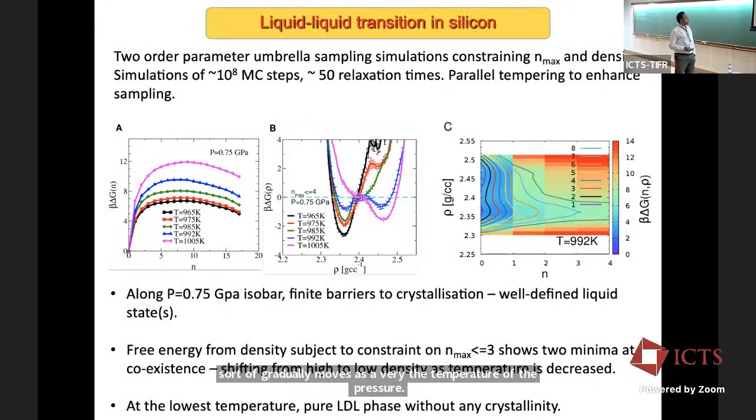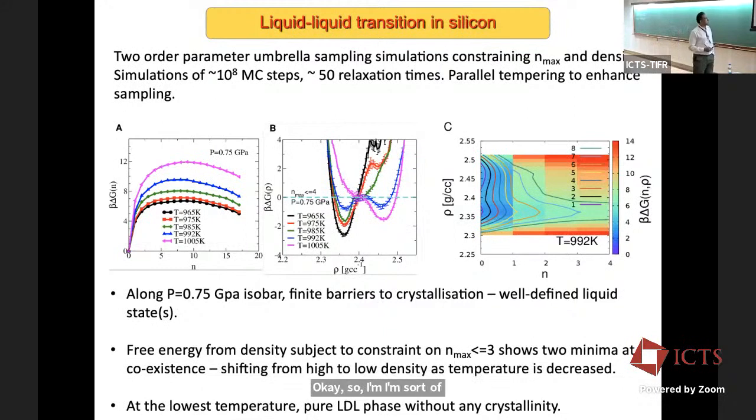Okay, so I'm not dwelling on a lot of pretty hard simulation details, but this is basically data to show that if I simply look at the free energy barriers along the crystallization order parameter for all the simulations that we've done, which are at higher pressures than the data that I showed earlier, I do have finite free energy barriers.